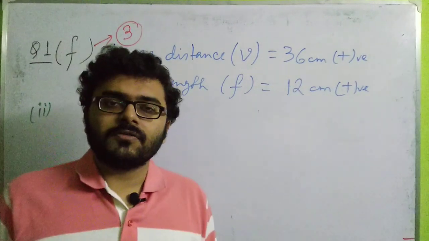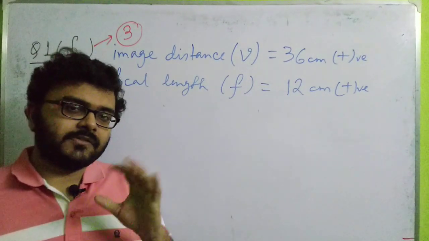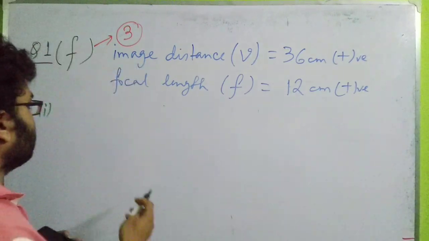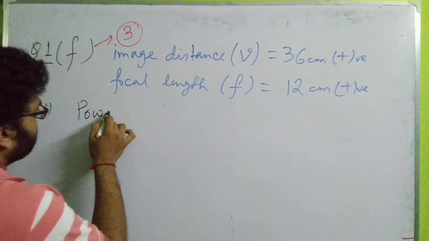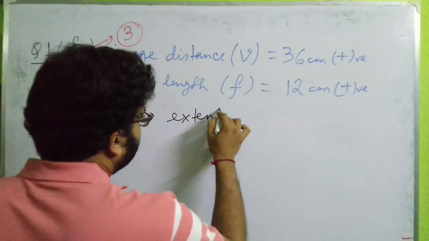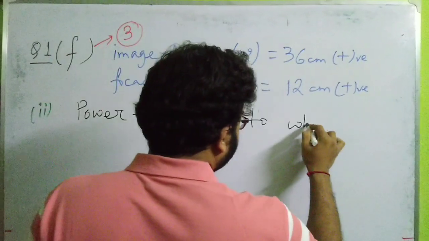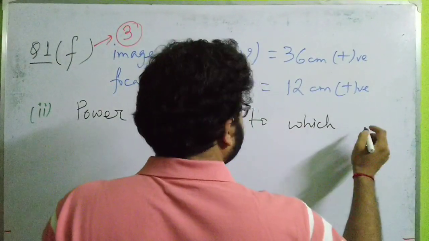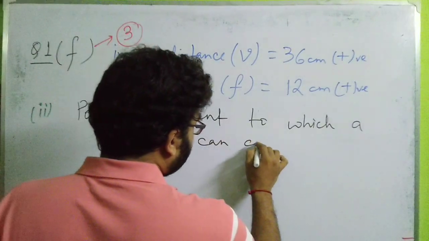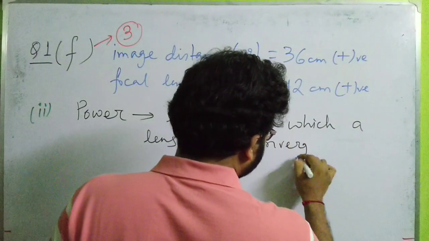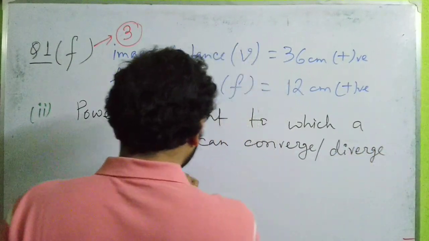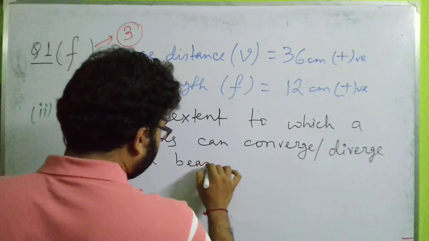It either converges a beam of light or diverges a beam of light. I can write it down like this: power of a lens can be regarded as the extent to which a lens can converge or diverge a beam of light.